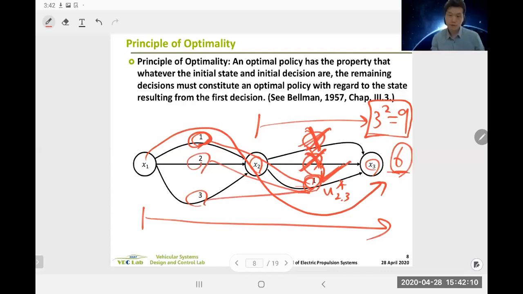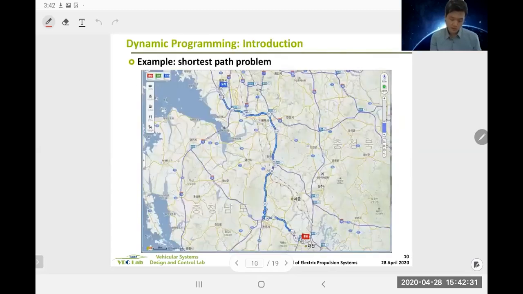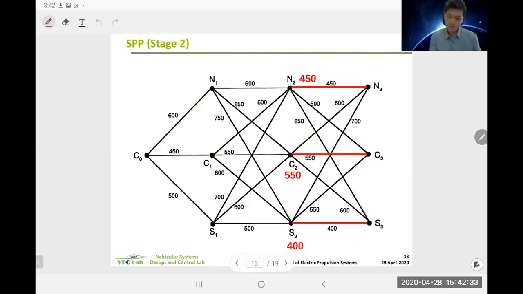And when the number of states and number of stages increases, the reduction in the number of evaluations becomes dramatic. This is one example.